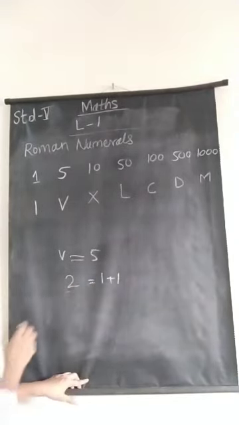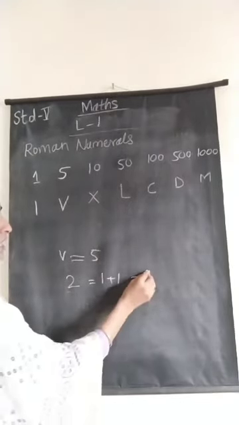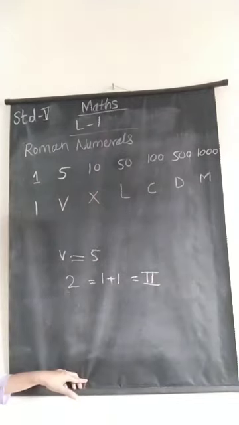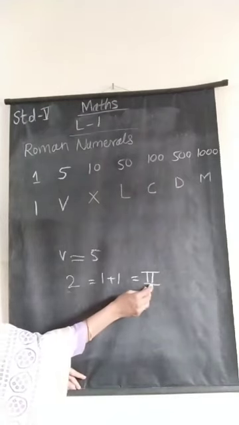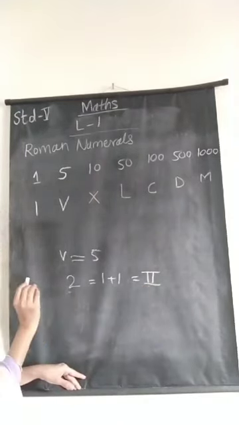That means they write 1 two times. So 2 is written in Roman, and also in Hindu Arabic and international.